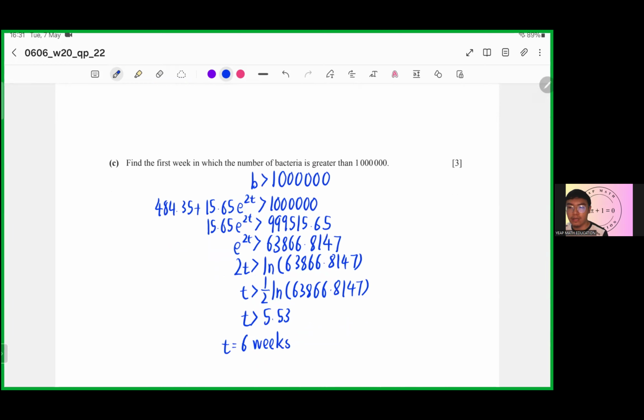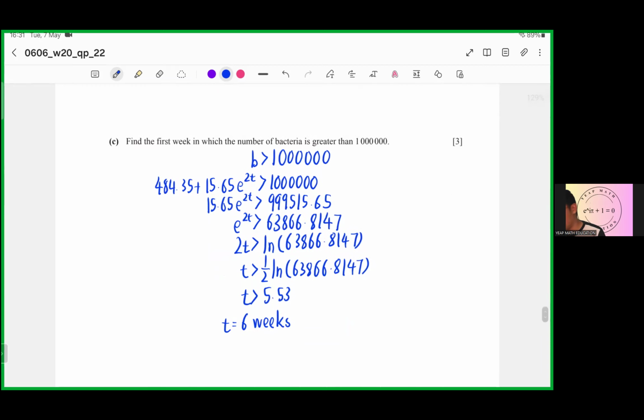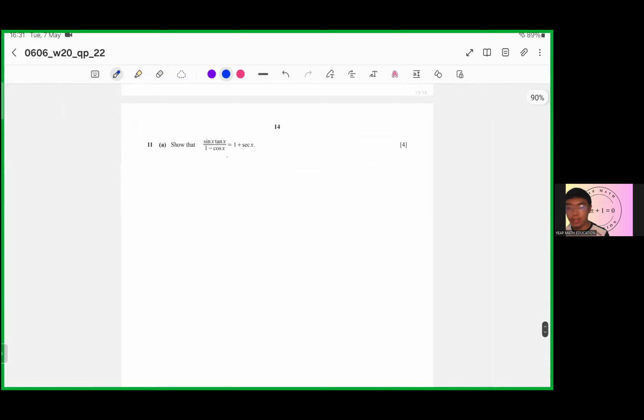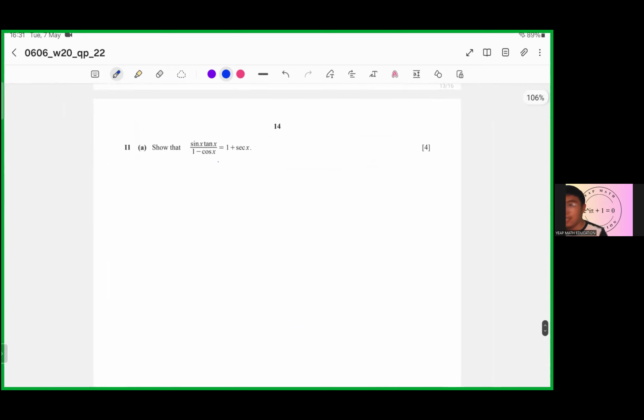Now we look at question 11. Show that sine tangent over 1 minus cos equals 1 plus sec. So we can write left hand side equals sine times tangent over 1 minus cos.